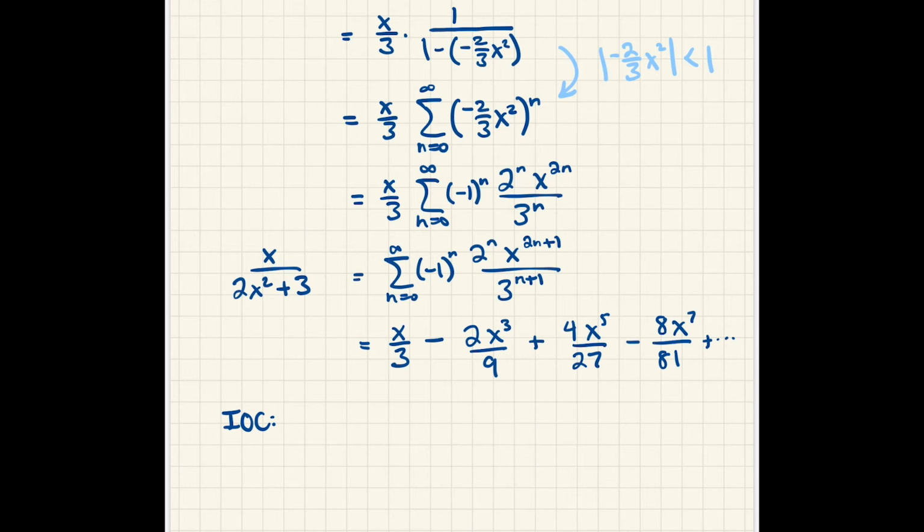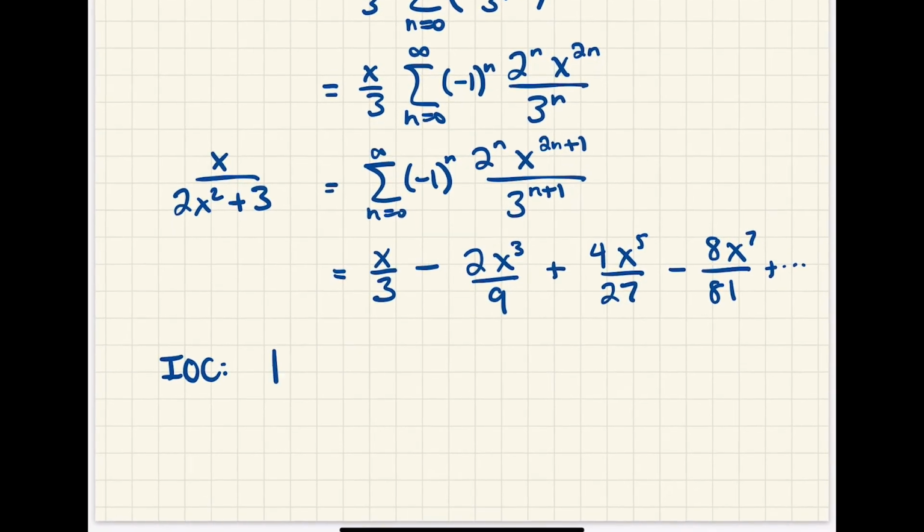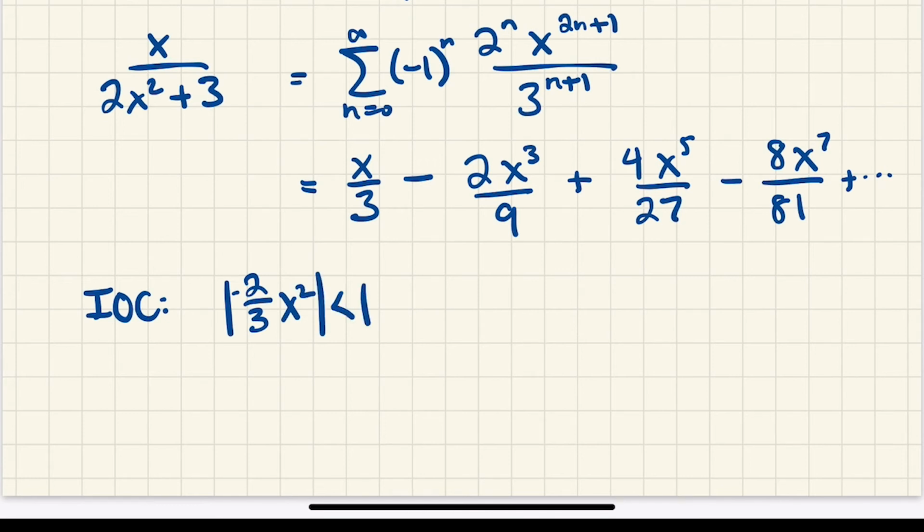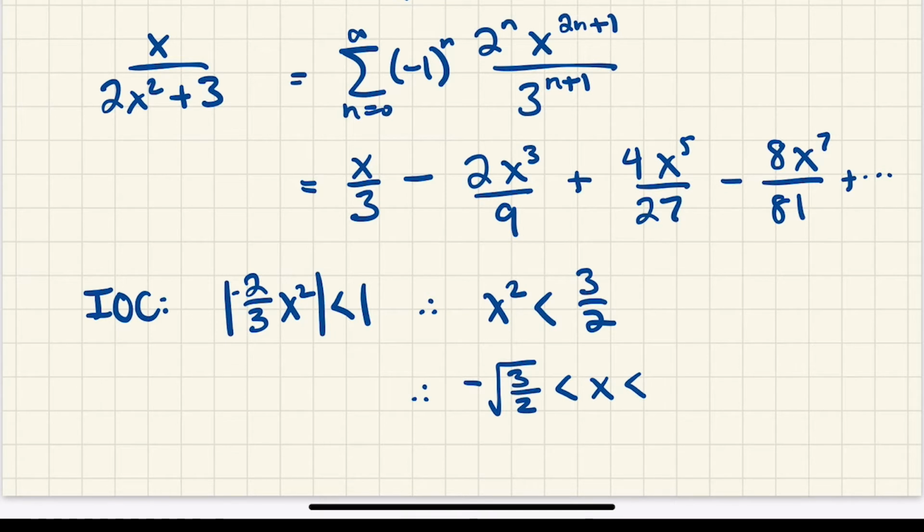So here, we can see that the absolute value of negative 2/3 x squared must be less than 1. So, of course, this means that x squared must be less than 3/2. And that means that x must be between negative rad 3 over 2 and positive rad 3 over 2.